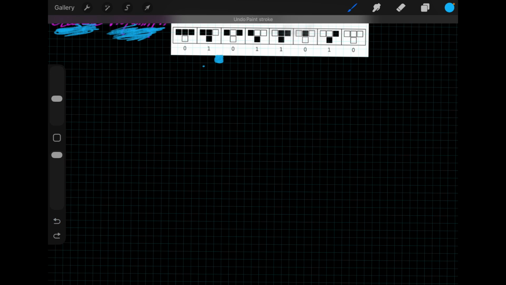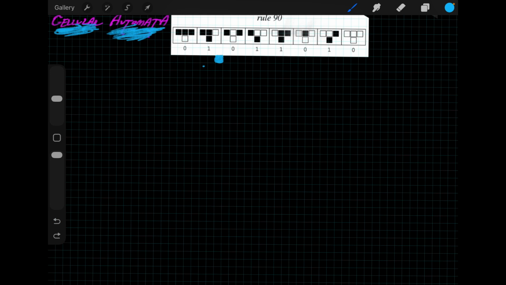Why? Because the rule that we follow is that we look at the 3 cells above that cell. So here are the 3 cells above that cell: 1, 2, 3. And we go to our rule and see exactly what to do given that these 3 cells above are not filled in, or let's say 0.